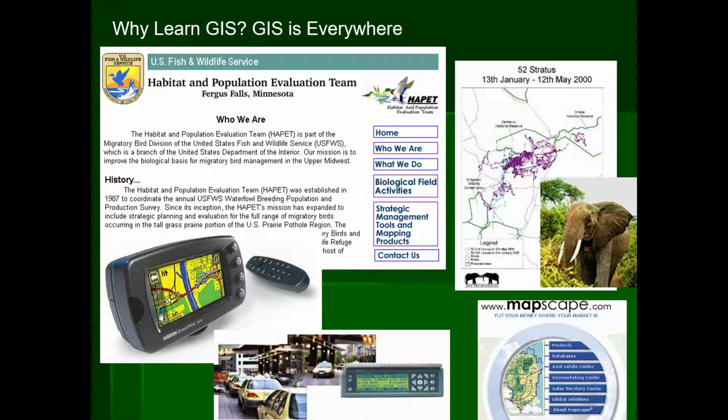All right. So this is an older GPS device, but GPS is literally everywhere. You could use a GPS device to track an animal. It's an elephant. Okay? And that animal could be wandering around with a GPS device, and it's logging data.